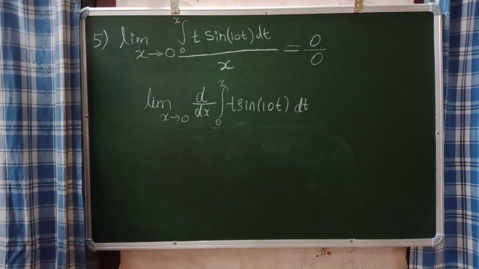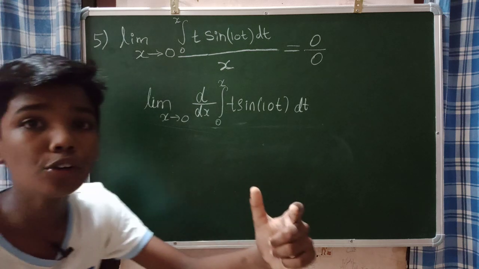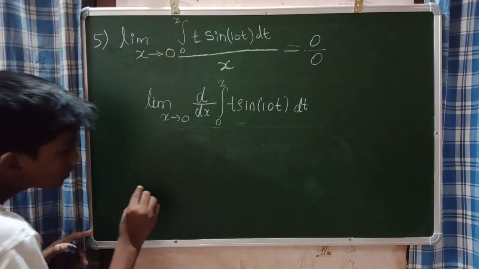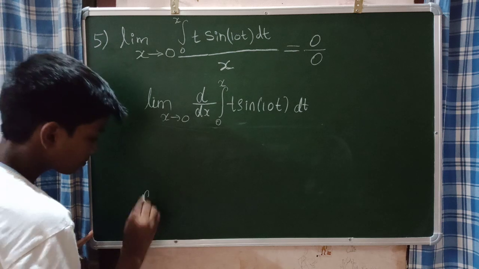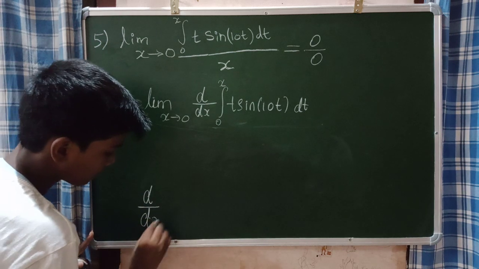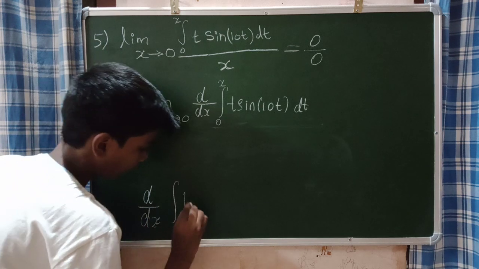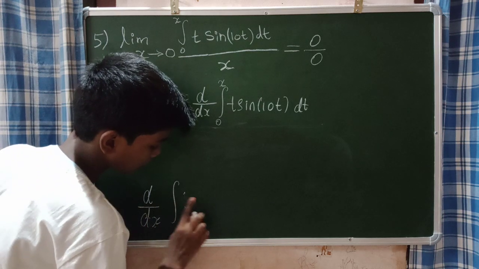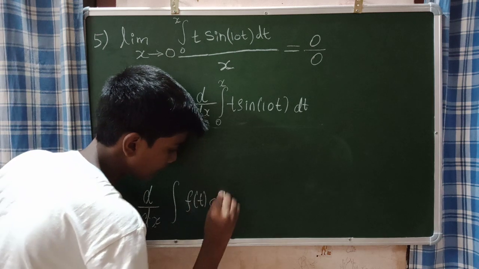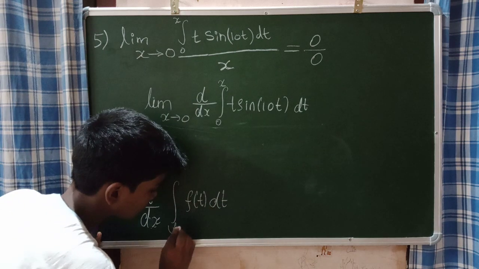The Newton-Leibniz formula tells us how to differentiate a definite integration. So what does the Newton-Leibniz formula say? It is d by dx of the integration of f of t dt from u of x to v of x.